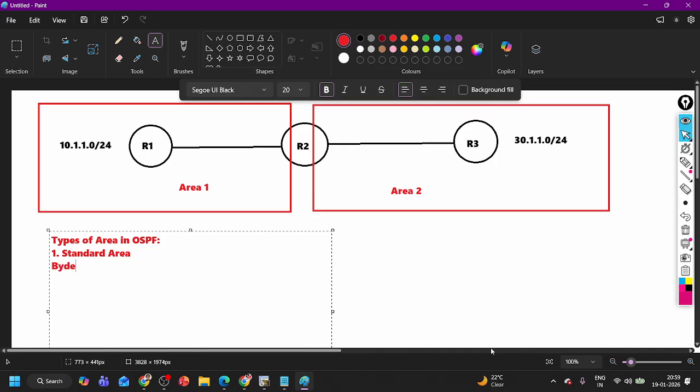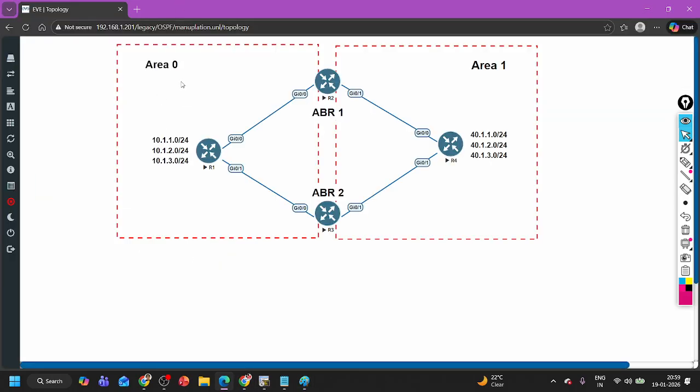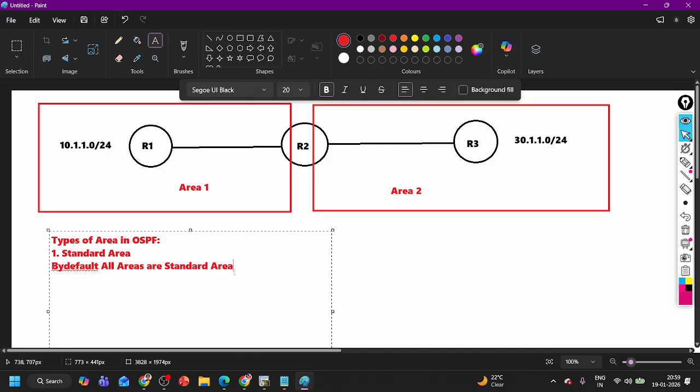Like in this topology, area 0 is a standard area, area 1 is a standard area, and in a standard area all types of LSAs are allowed, from LSA 1 to LSA 5.